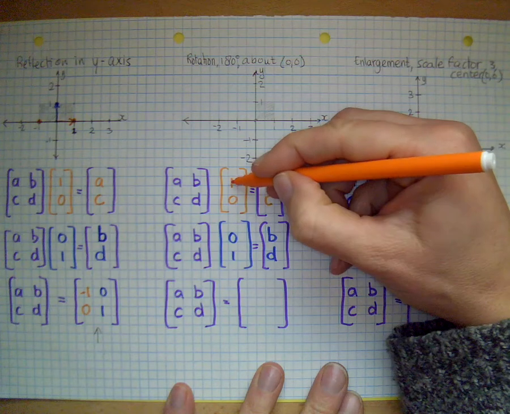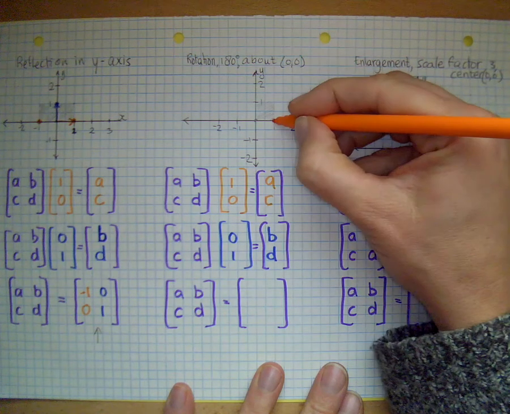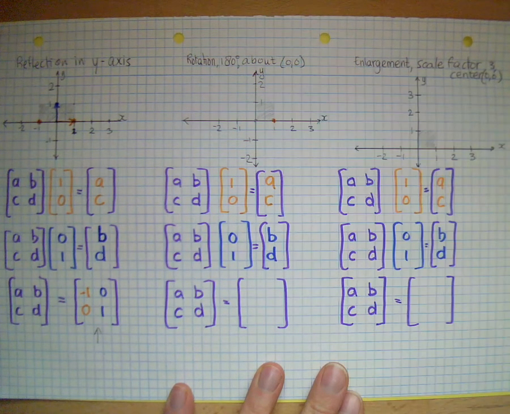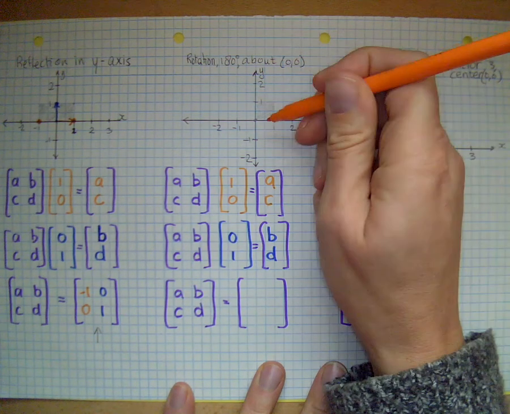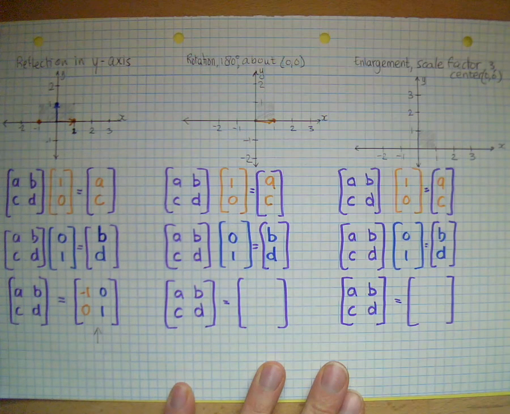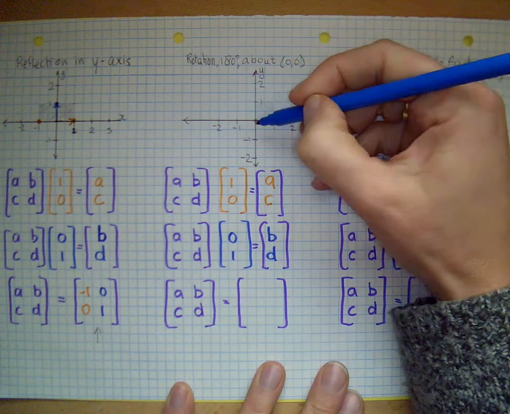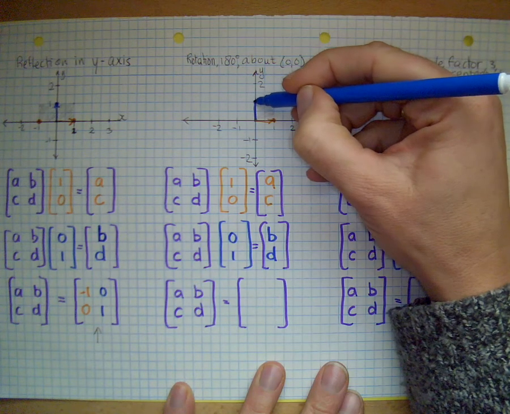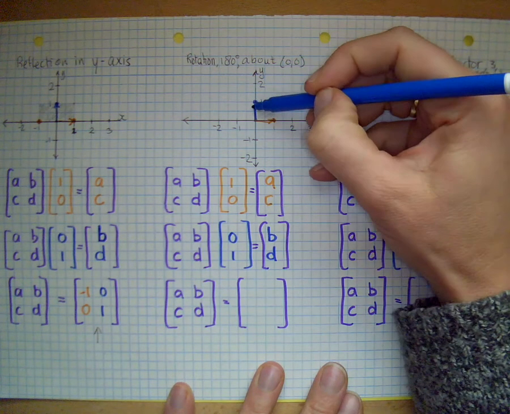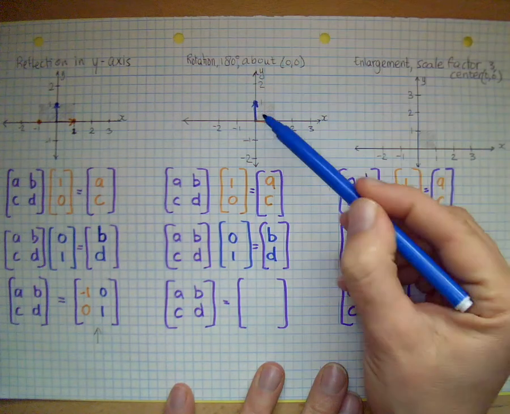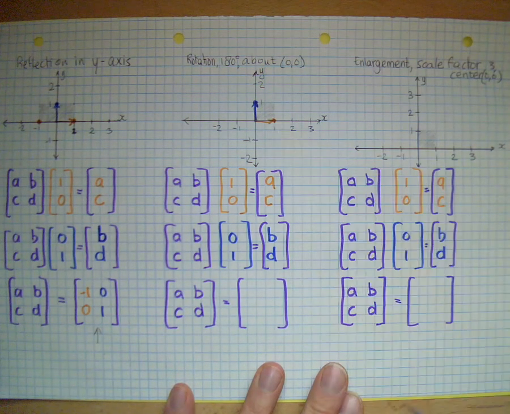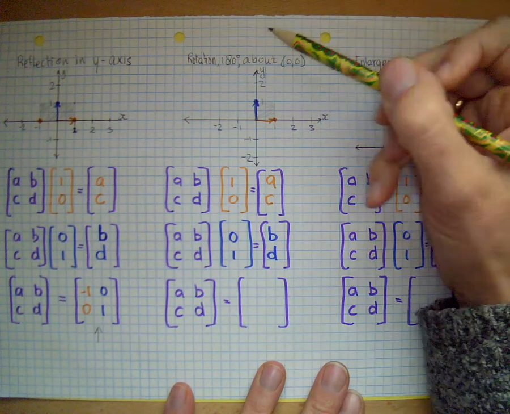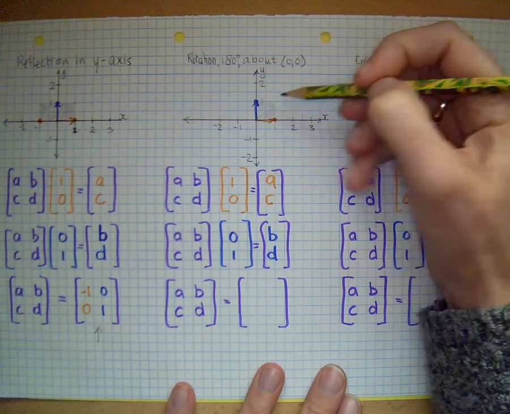We have our first vector, 1, 0, right there. And we have our second vector, 0, 1, right there. There. Little arrow. And the square that it sort of shapes together.